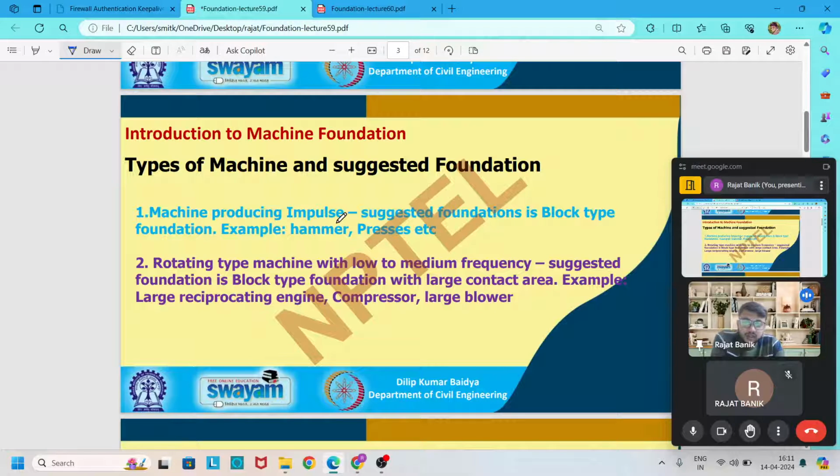This block type foundation is suitable for machines which include hammers, presses and the like. Impulse force means impact load. These forces are generated by hammering or pressing, so a block type foundation is very suitable. Then for a rotating type machine with low to medium frequency, they suggested a block type foundation with large contact area.